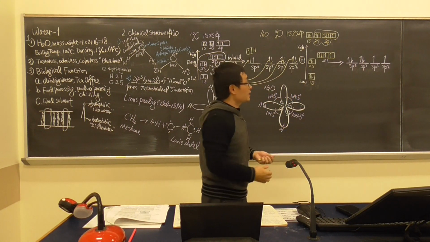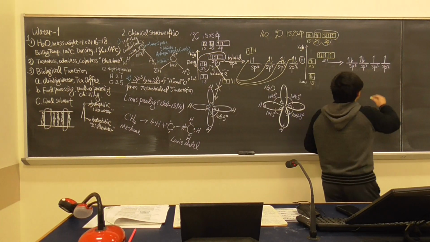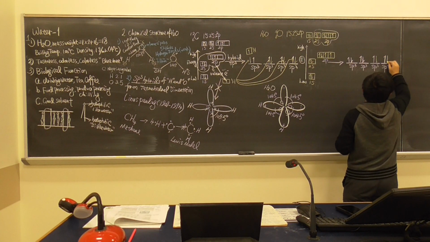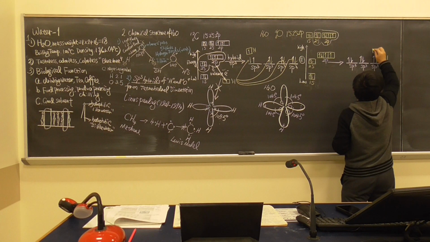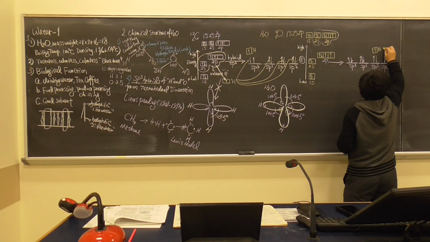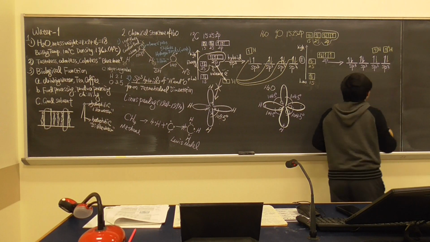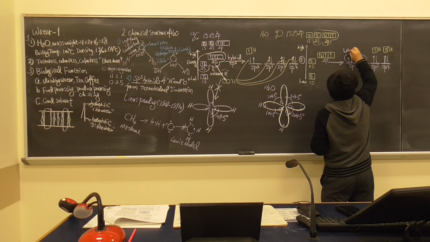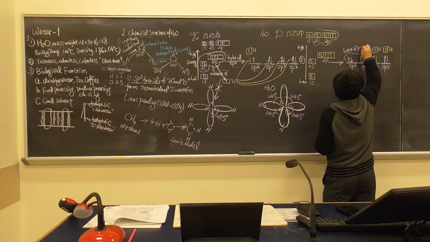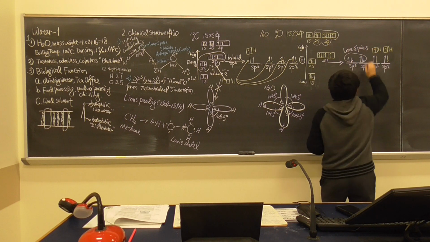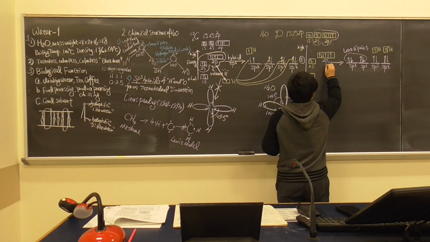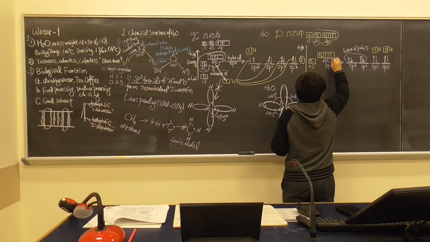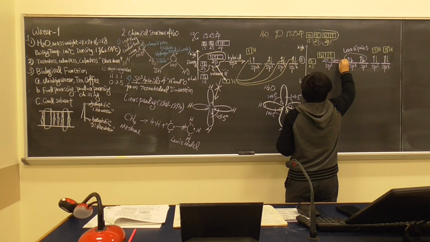Rearranged, it will look like that. So this will be waiting for a hydrogen to go there. This is also waiting for a hydrogen to go there. And these two are lone electron pairs, not connecting to anybody. So this is called sp3 hybrid.